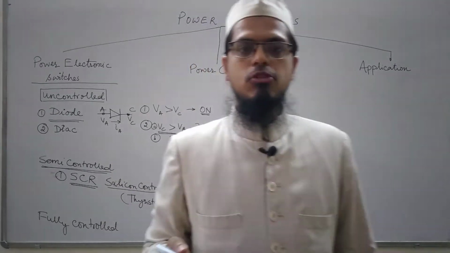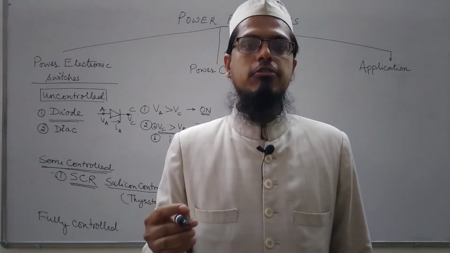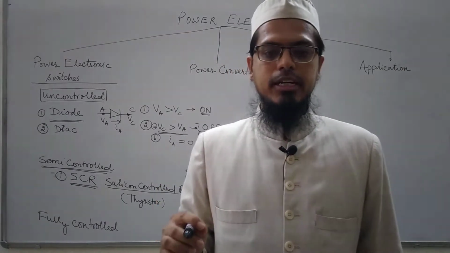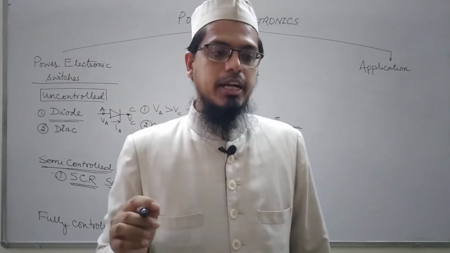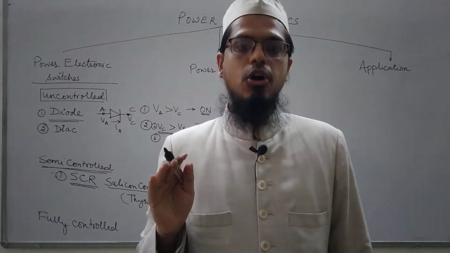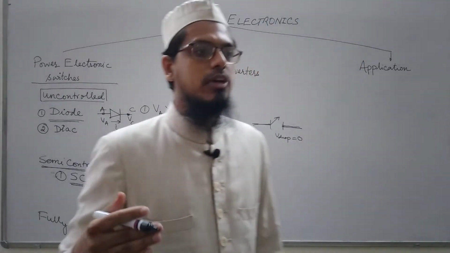It is called a semi-controlled device because we can turn it on when we supply sufficient gate current to the device, but we cannot turn it off when we want. Turning off is similar to that of a diode.